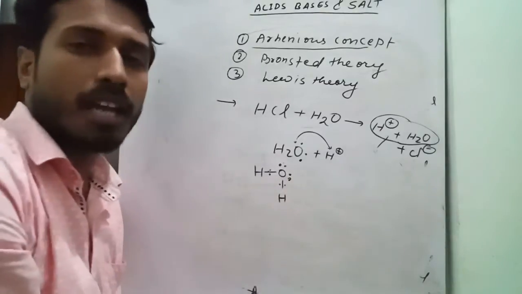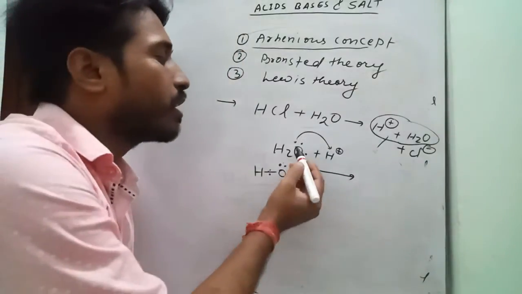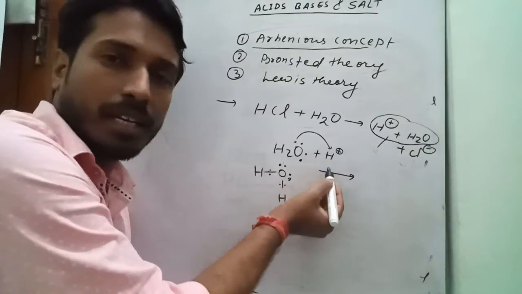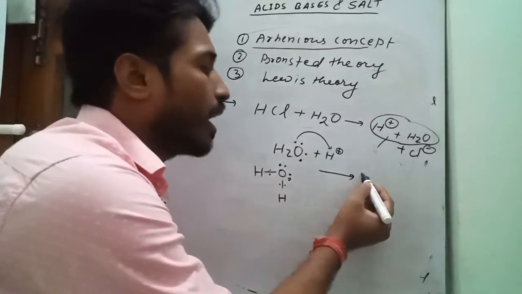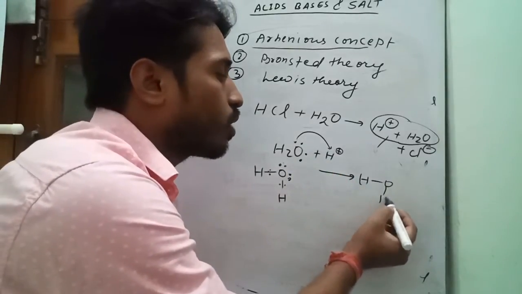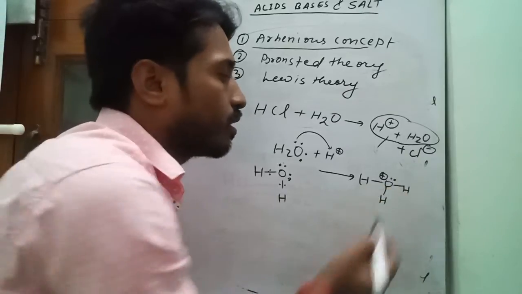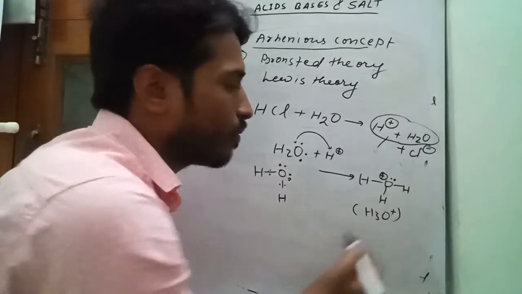Since hydrogen doesn't have any electron, it will form hydronium ion by accepting one electron pair from water, coordinating with it, and hence we get what is known as hydronium ion. We simply write it as H3O positive.